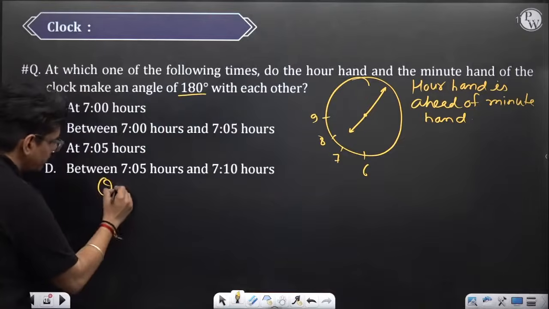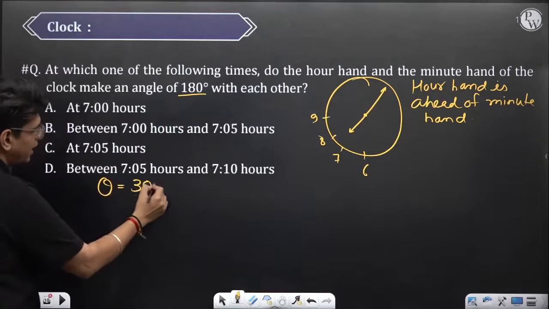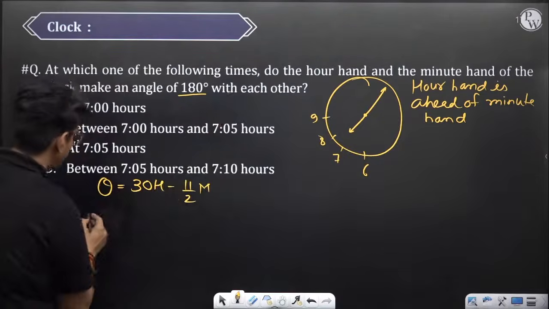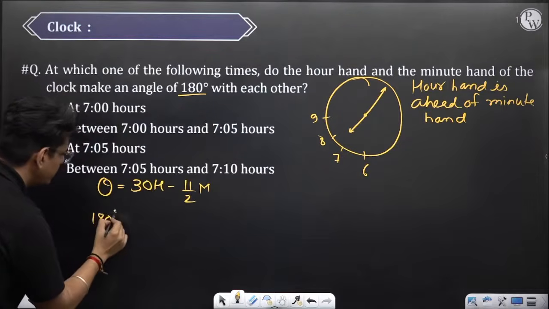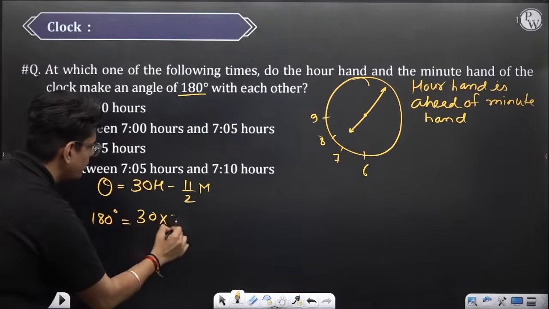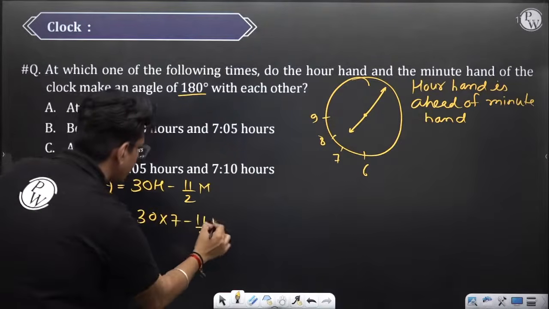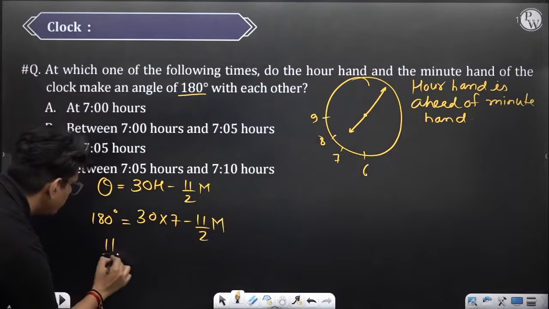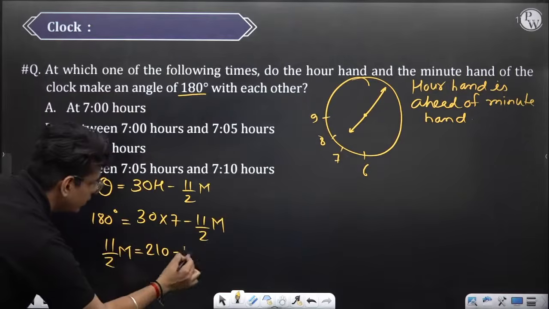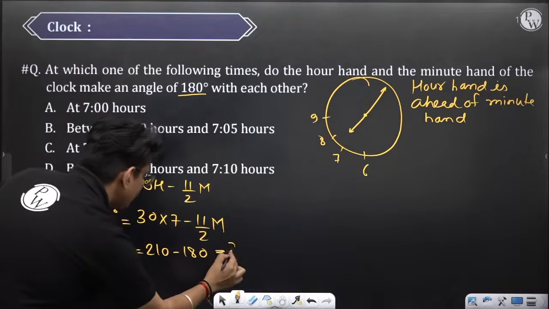So theta equals 30h minus 11 by 2 m. Theta is given as 180 degrees. Okay, h is 7. 30 into 7 minus 11 by 2 m. 11 by 2 m is nothing but 210 minus 180, which is 30.